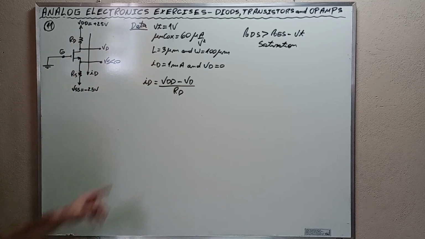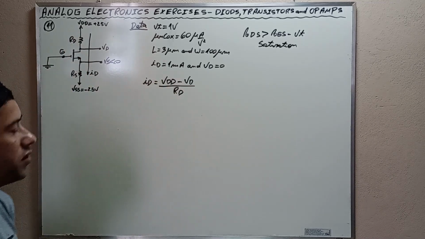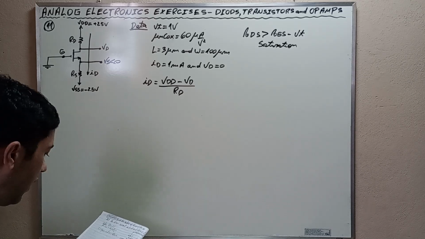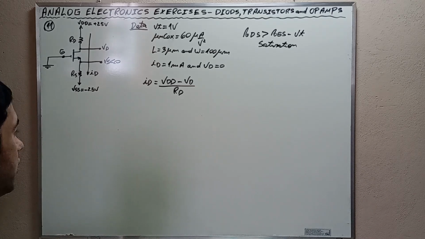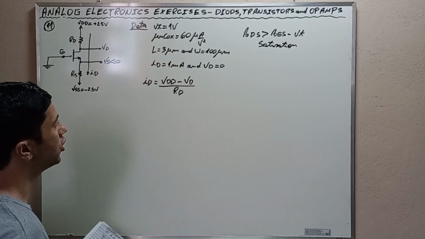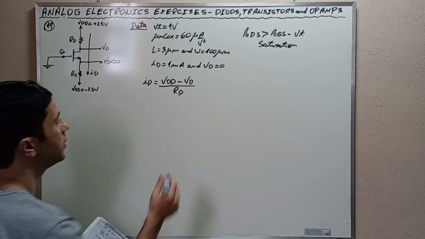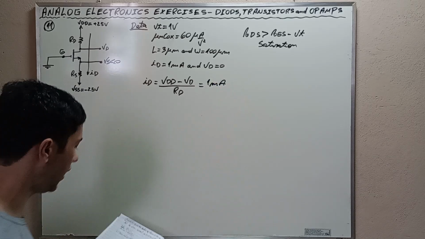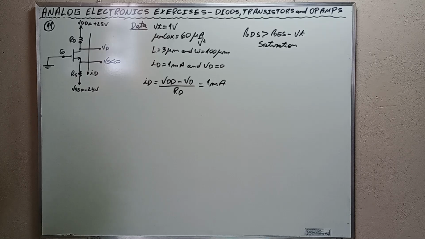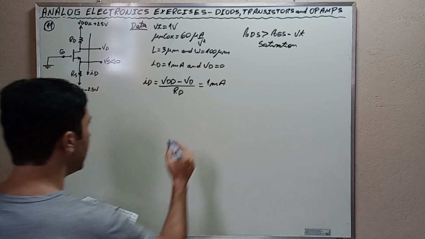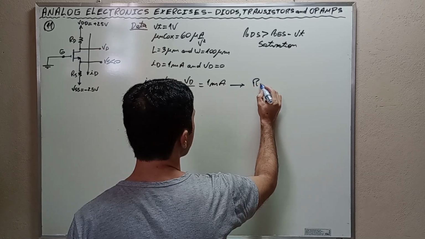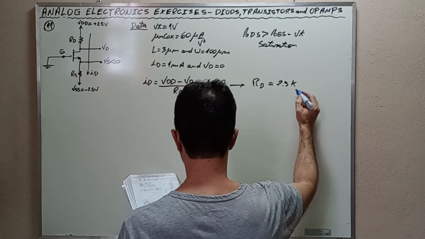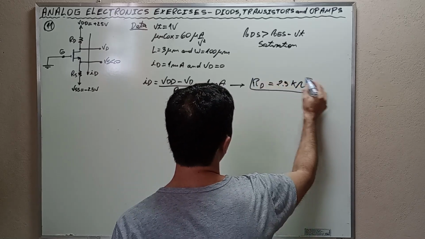And if we manipulate this, passing one to one side and the other to the other side, we find this expression here. And the exercise imposed that ID is equal to 1 milliamp. Then we are going to carry out this manipulation to find that RD is equal to 2.5 kilo ohms.